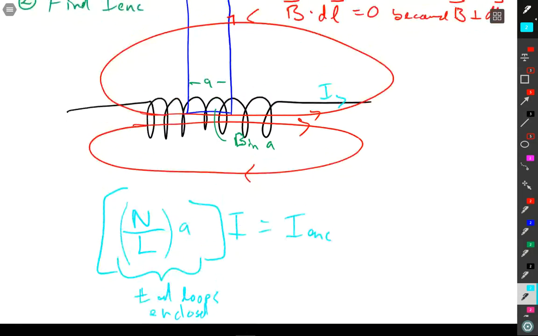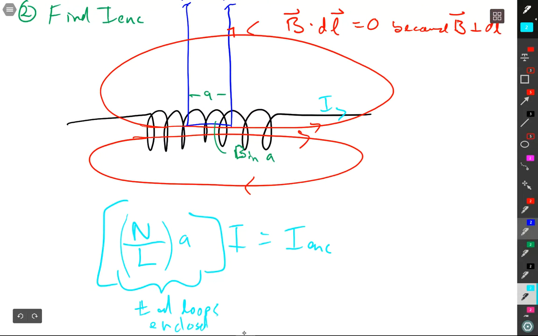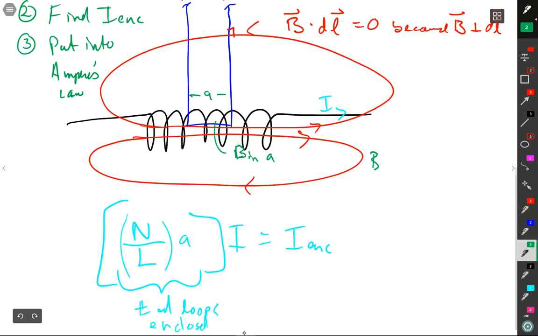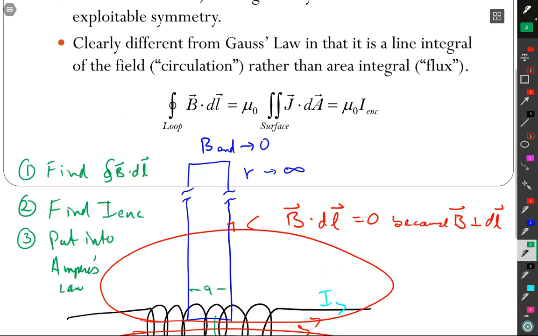So now I have all of my pieces squared away, and now I put them into Ampere's law. So I have Bn times A, that's my circulation. That's the left-hand side of the equation right there.